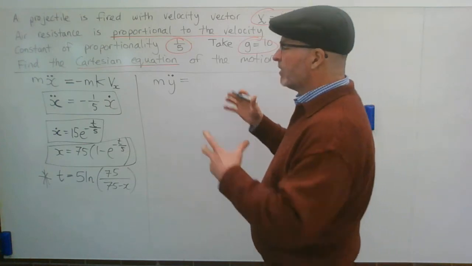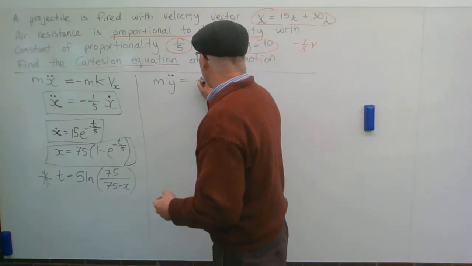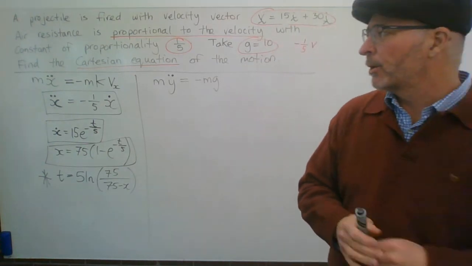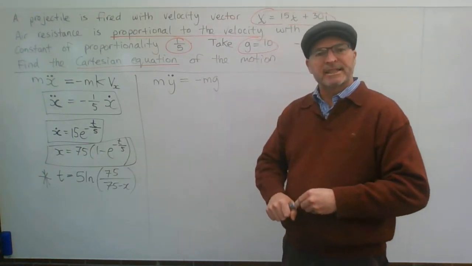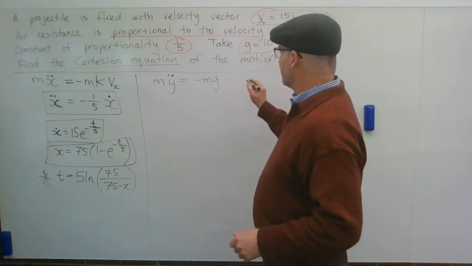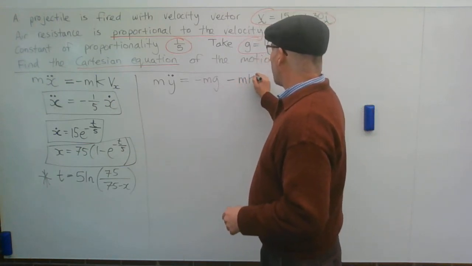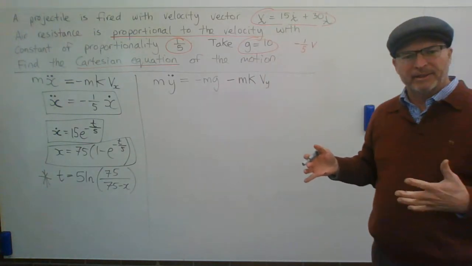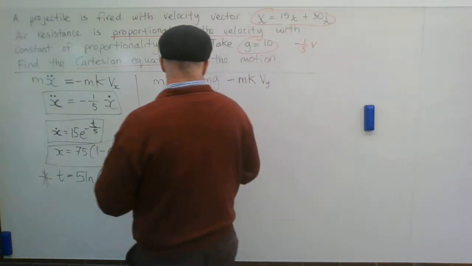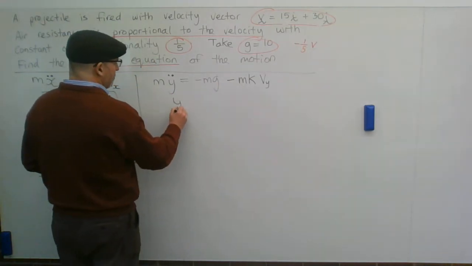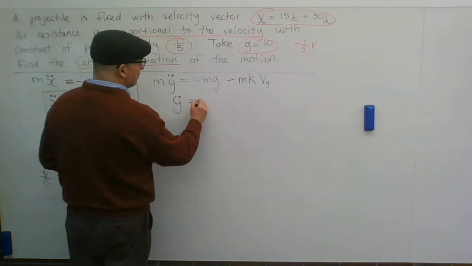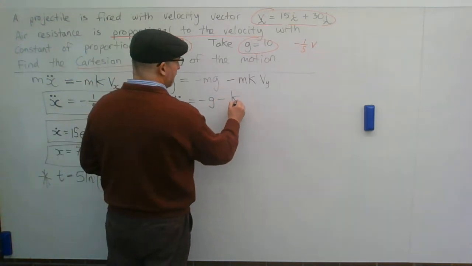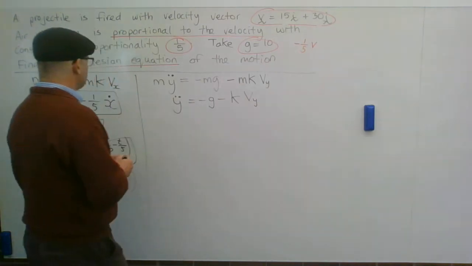We've got gravity pulling it down, so minus mg, and we've also got this wind resistance, air resistance, pulling it down, so minus mk, and the vertical velocity, which I'll call Vy at the moment. That's y dot. Divide by m, and I get y double dot equals minus g minus k Vy.